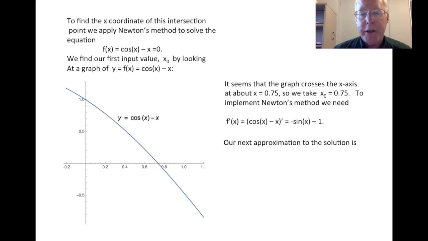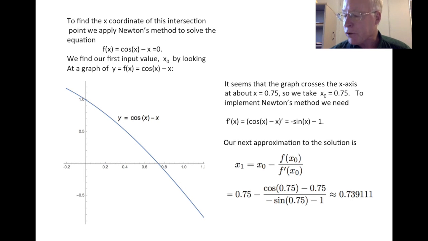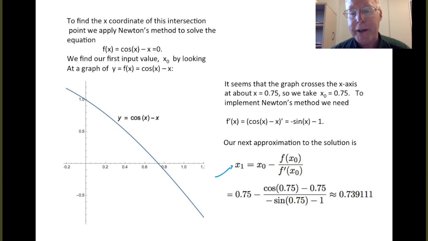For Newton's method, we need that f prime term. That goes in the denominator. So we differentiate cosine x minus x, and we get minus sine of x minus 1. That'll be our denominator. And now that we have that derivative and we know what f is up here, we can apply Newton's method. The x1, the next guess, is given by x0 minus f of x0 over f prime of x0.